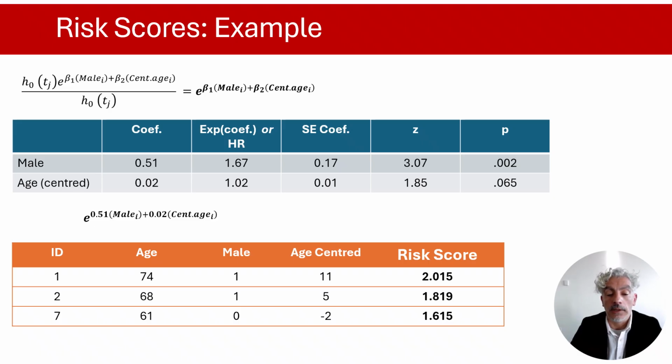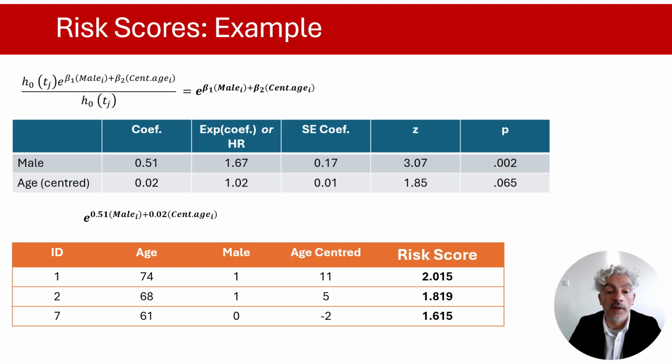Then in the table on the bottom of this slide, we have three cases, three participants in the study, with the sex, age, and centered age. So if we substitute those values of centered age and male into the equation I've written here, we can easily calculate the risk scores.